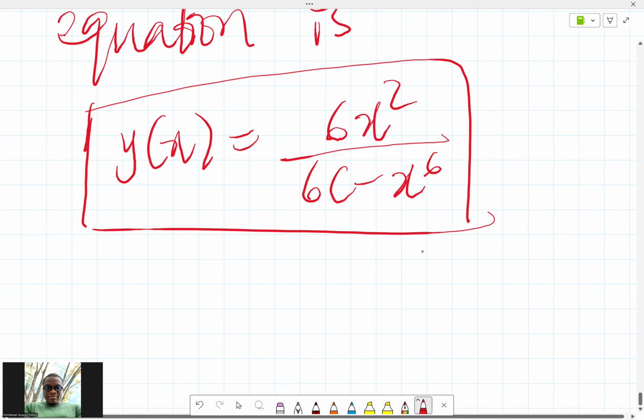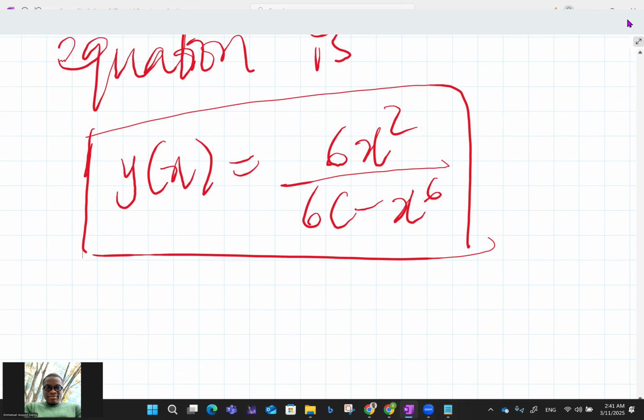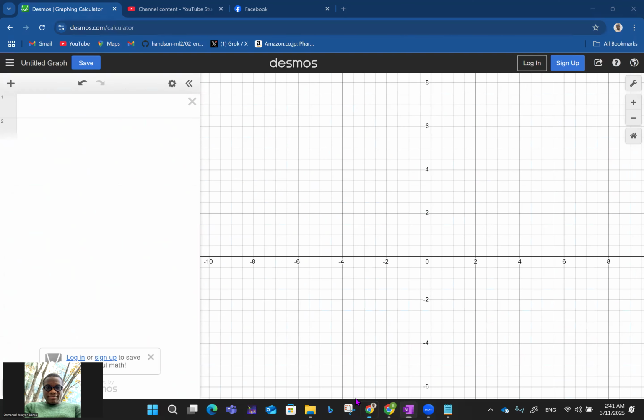Of course we can graph this to see what it looks like. Since it's a general solution, we are going to have a family of solutions depending on the value of c. So we have 6x squared over 6c minus x to the power 6. If we had an initial condition, we could get the exact particular solution.